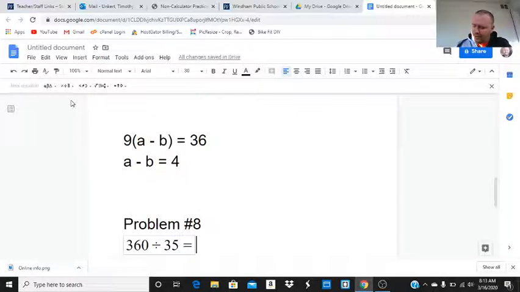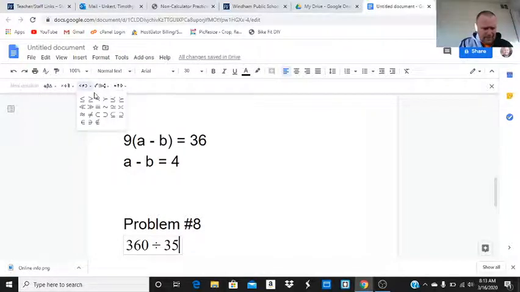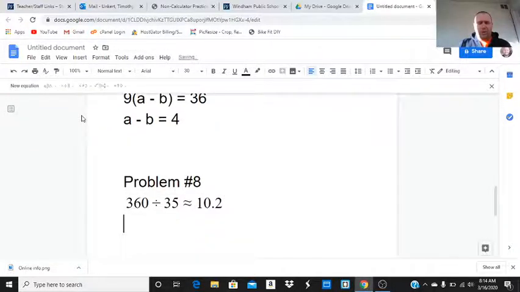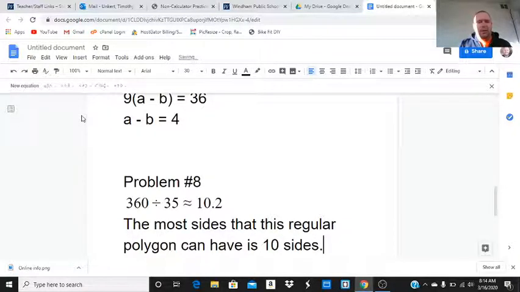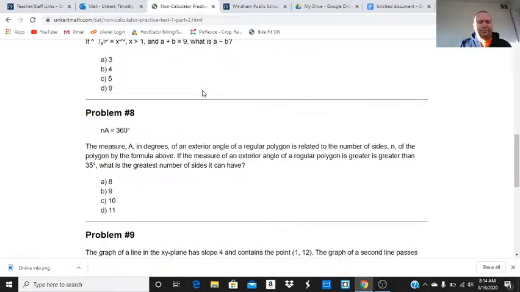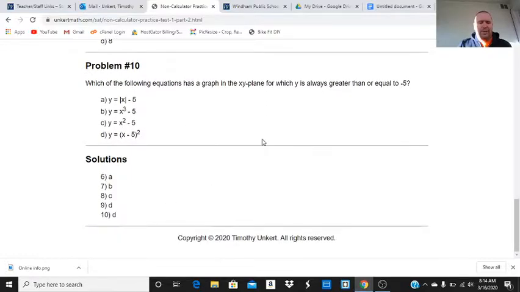It doesn't go into that, so it's approximately 10.2. We're going to round down, so the most sides this regular polygon can have is 10 sides. Let's go back here. We're going to pick solution C. Go down and check. C, we're good.